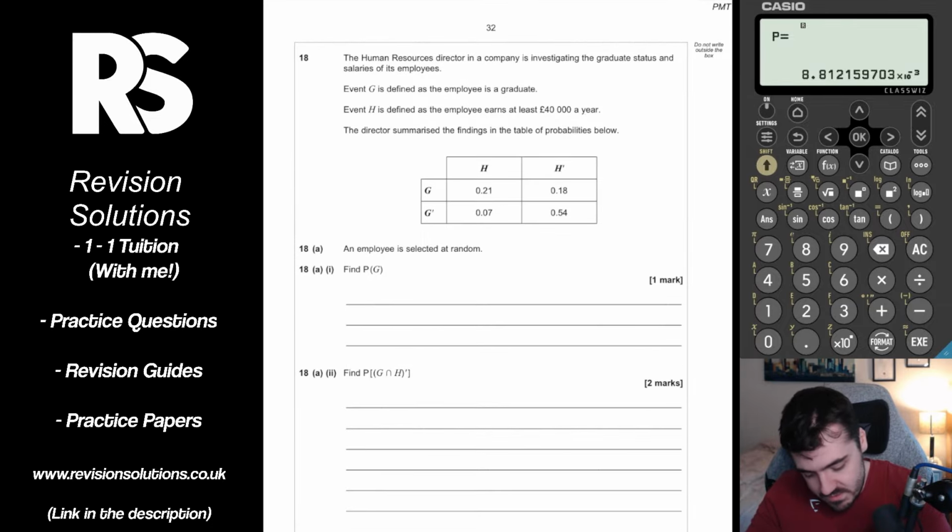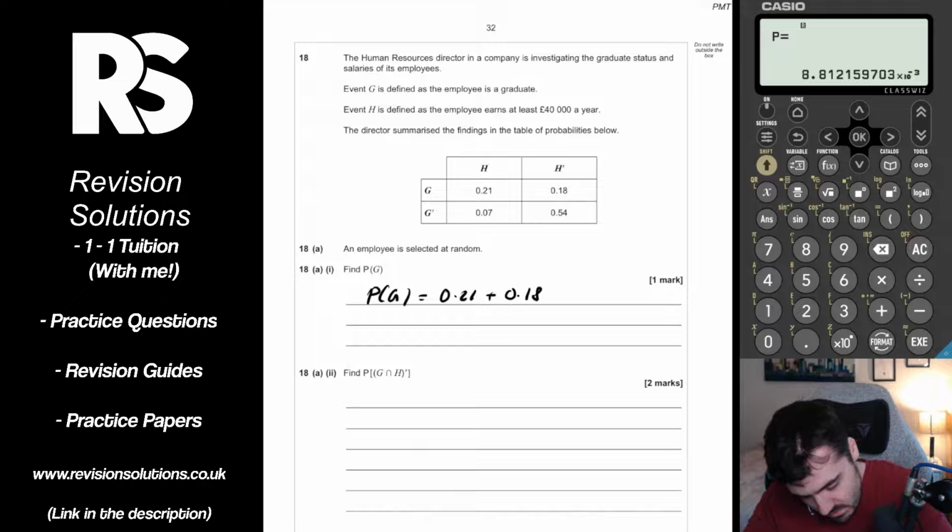There are two ways we can have G. G can happen when H does or doesn't happen. So we just sum these two. The probability of G equals 0.21 plus 0.18, that would be 0.39. Then it says find the probability of the complement of G intersection H. G intersection H is this one, which means the complement is all the other probabilities.